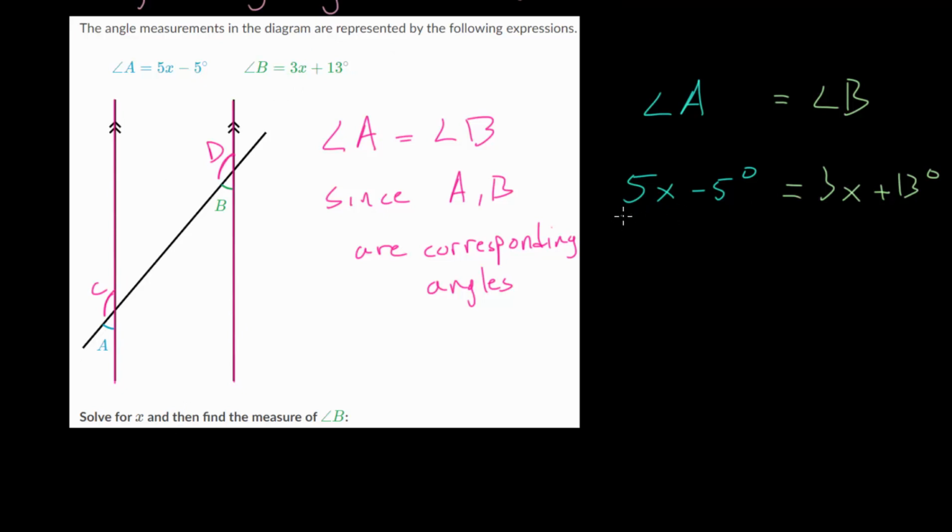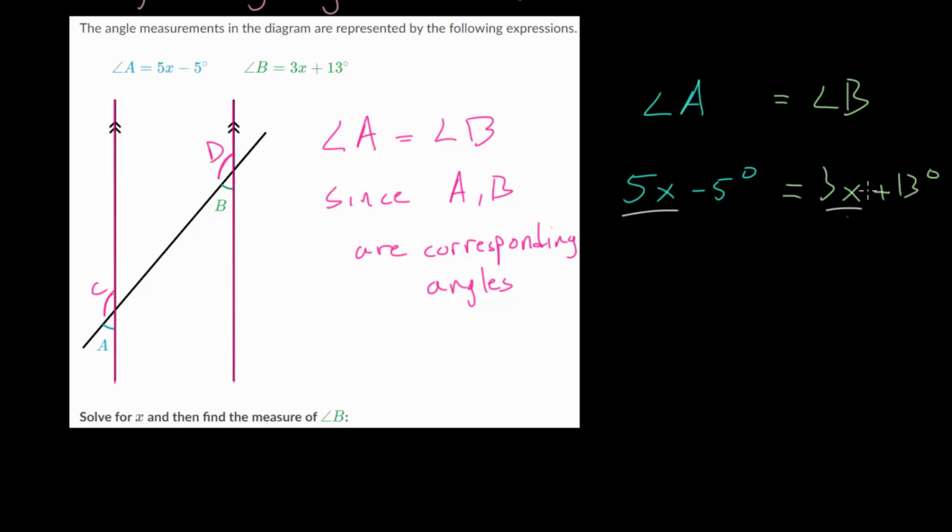Let's first get the variables on the same side of the equation. Since there are variables on both sides, we want to move them all to one side. You can move them to either side, but generally, if you move them to the side with more of that variable, 5 is greater than 3, then you can often avoid negative numbers. Most of the time you can.